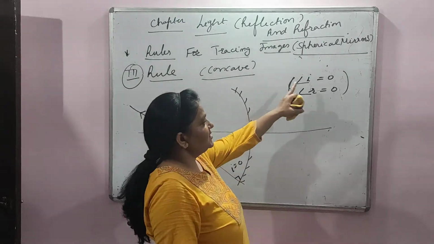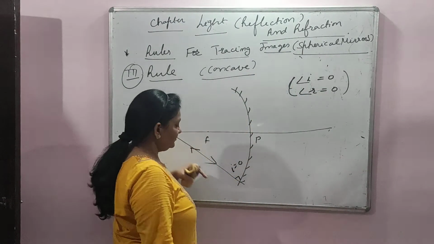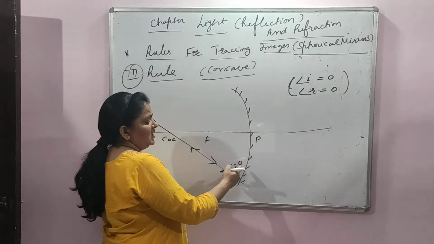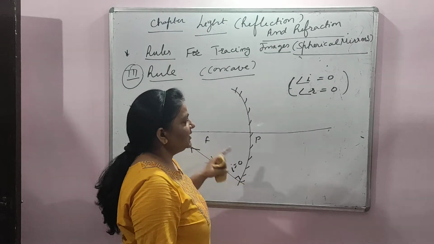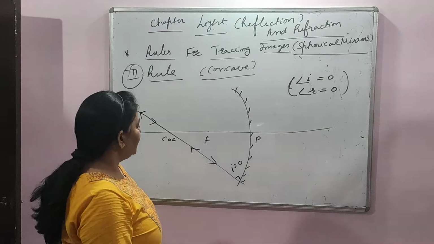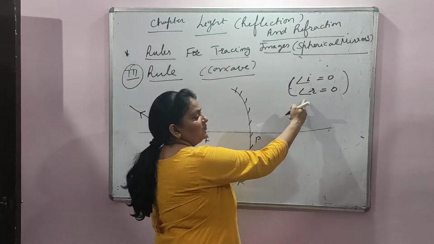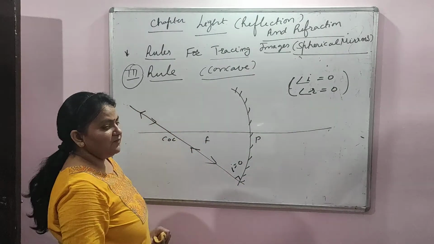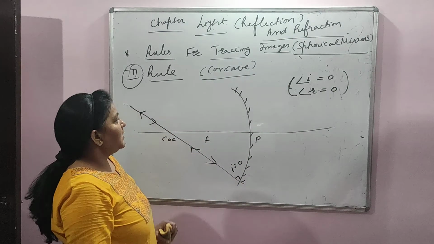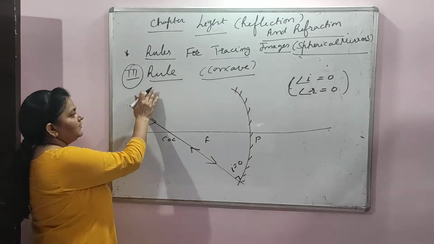Why here angle of incidence is 0? Because this ray is always striking normal to the surface. Normal to the surface means angle formed between incident ray and normal here is 0. Therefore, angle of reflection will also be 0. So, the reflected ray will retrace its path. Fine.